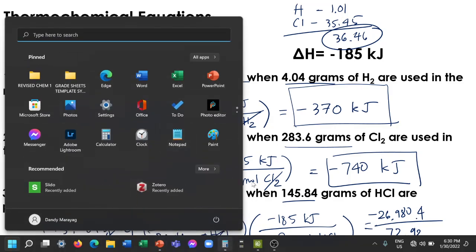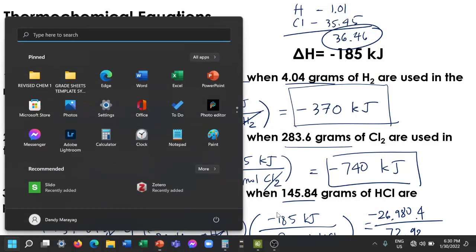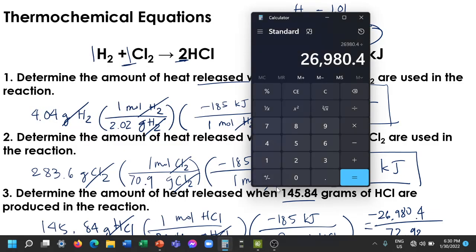So 26,980.4 divided by 72.92 is equal to 370.